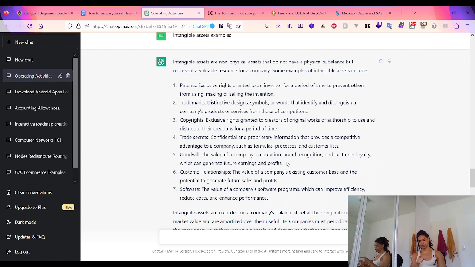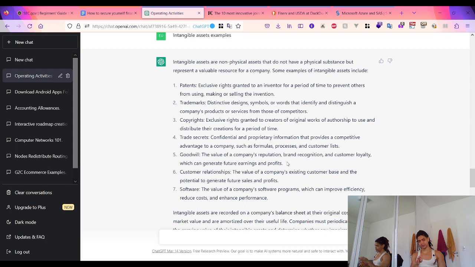So you have patents, trademarks, copyrights. You have patents, trademarks, on intangible assets.